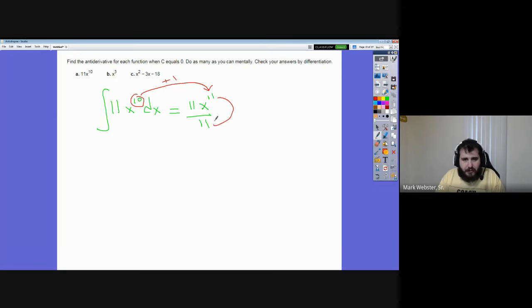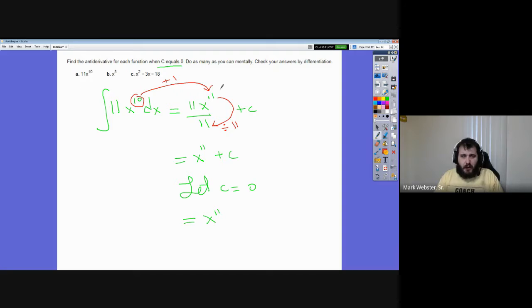And then once we cancel everything out, and also don't forget our plus c, we end up with 11 divided by 11 is 1, so x to the 11th plus c. And then we want to know when c equals 0, so we're going to let c equals 0. And then we get just x to the 11th, right?